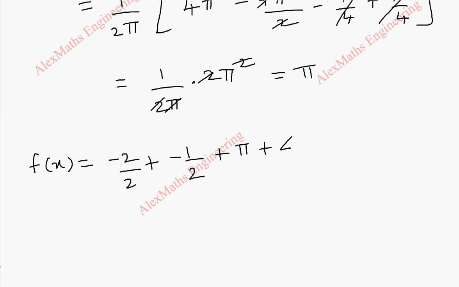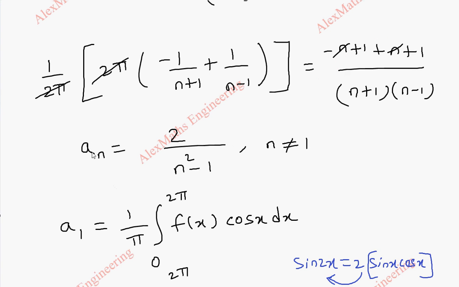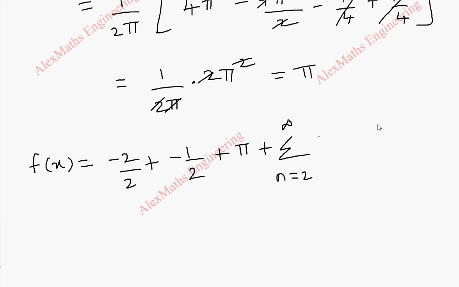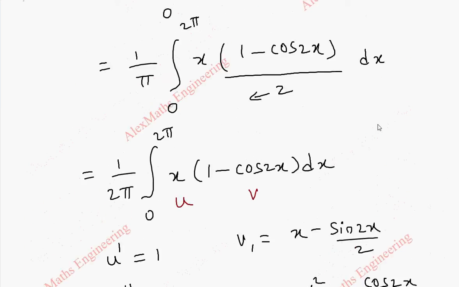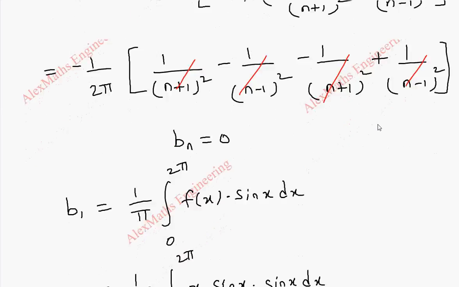Then plus sigma. Now since we wrote the first term, n is from 2 to infinity, and an, which we got as 2 by (n square minus 1), so here it is 2 by (n square minus 1) into cos nx. In the same way, plus sigma n equals 2 to infinity, the value of bn, which we got as 0.